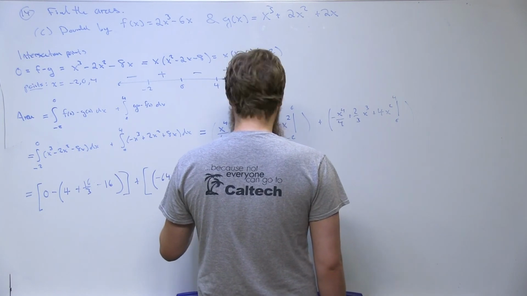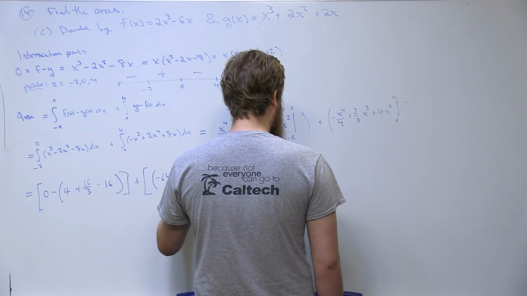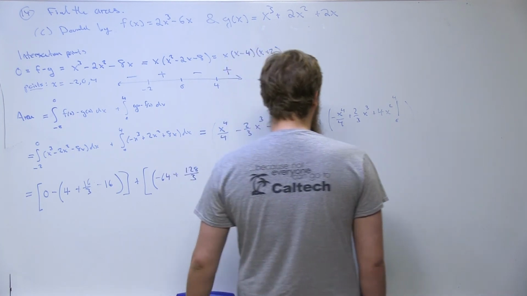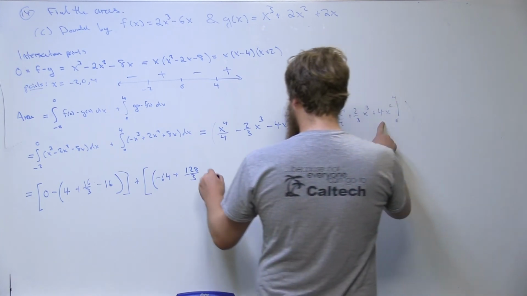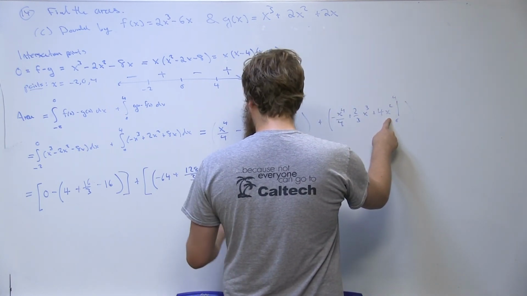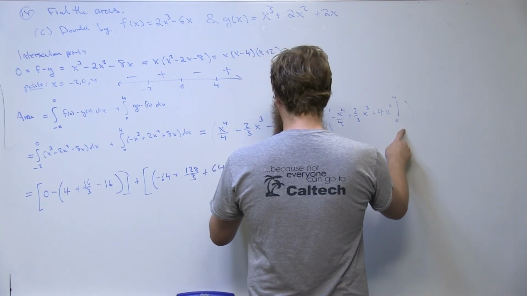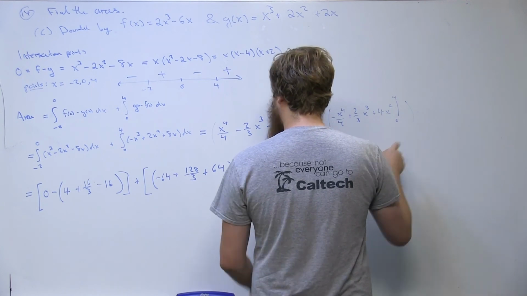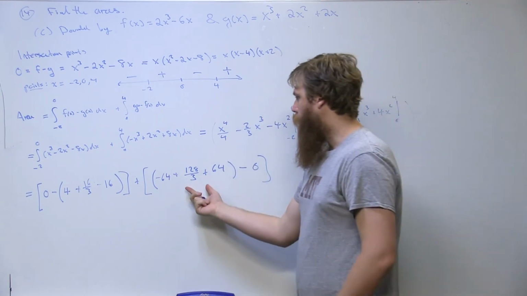Times 2 is 128. So I've got 128/3. And now I've got plus 4 times 4 squared is 4 cubed, so plus 64. Now when I plug in my lower limit 0, I get 0 out, so that's fine. So the second integral is 128/3.